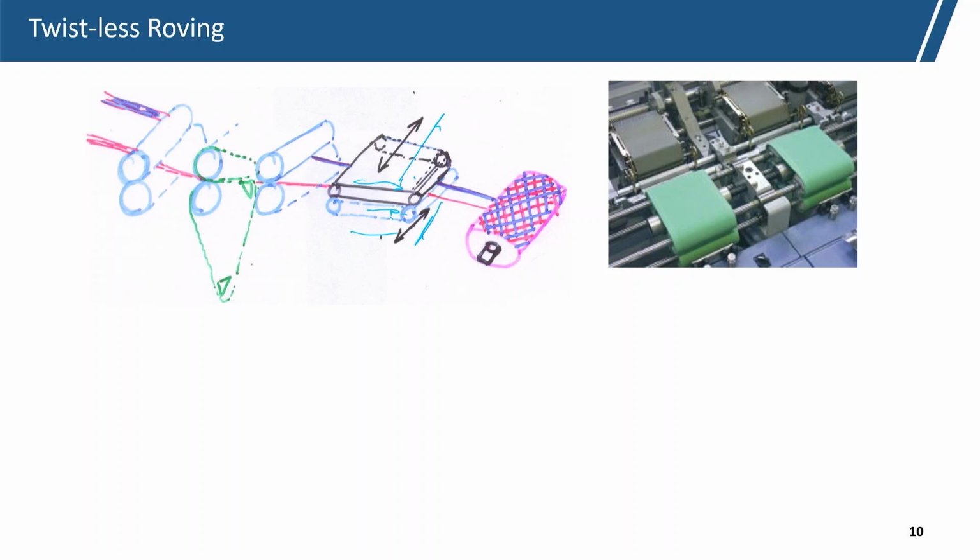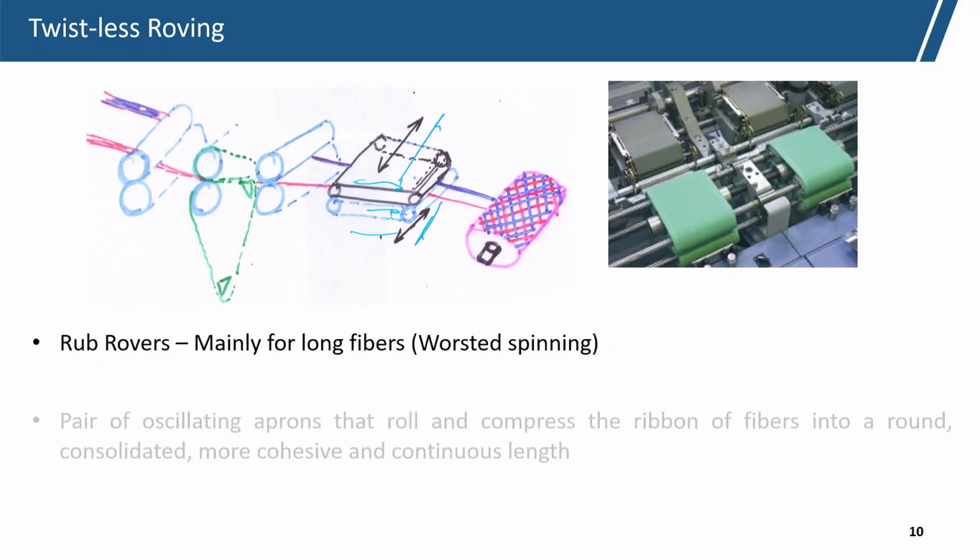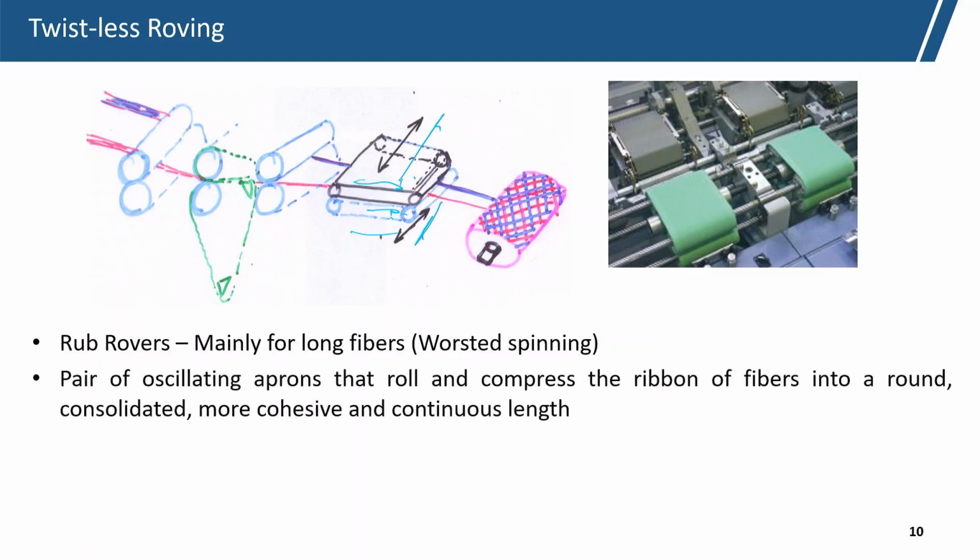So, this makes the material softer, and for long staple we use this, because it will affect the drafting, making it a very smooth drafting in the ring frame. This is called rub roving, mainly for long staple fiber; in worsted spinning it is used.